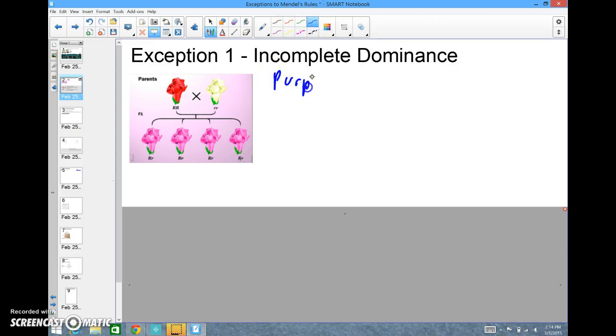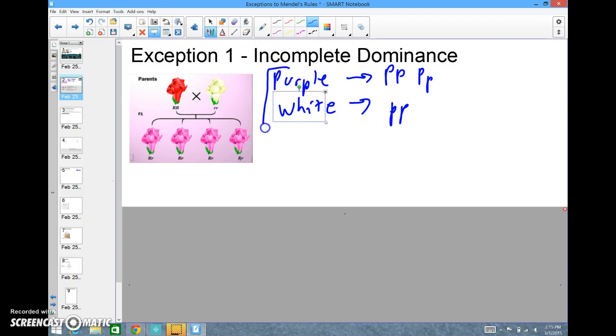If you have purple flowers, all right, you could be homozygous dominant, or I'm sorry, heterozygous. If you have white flowers, you are homozygous recessive. Now, this is flower color in peas.